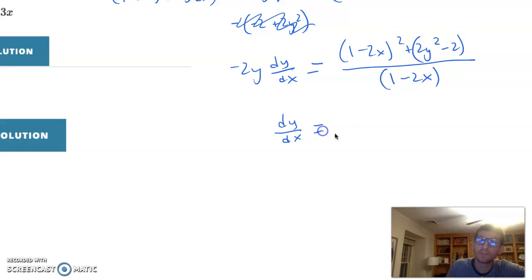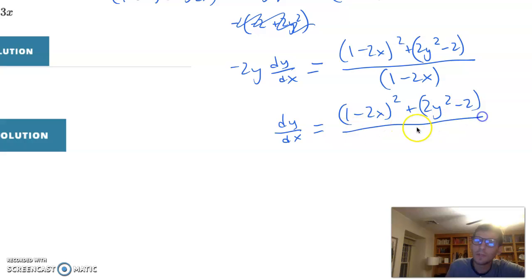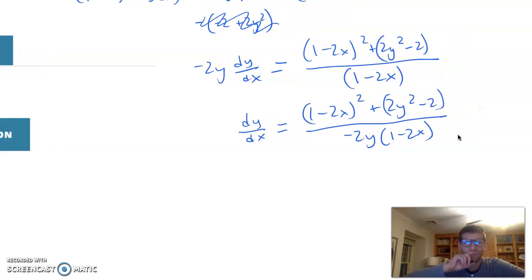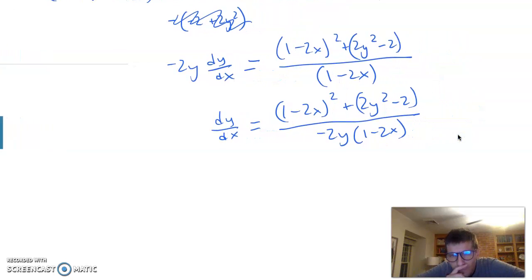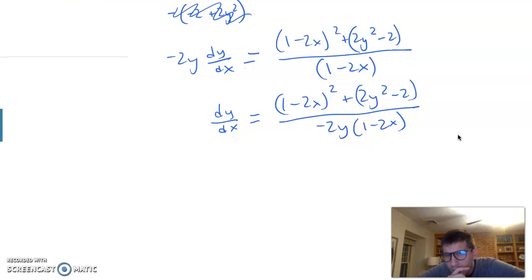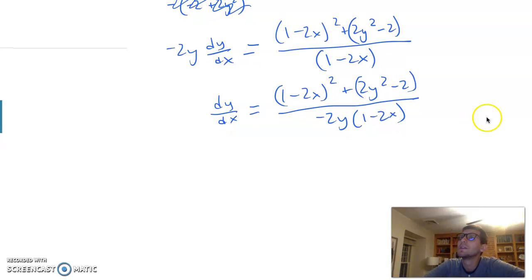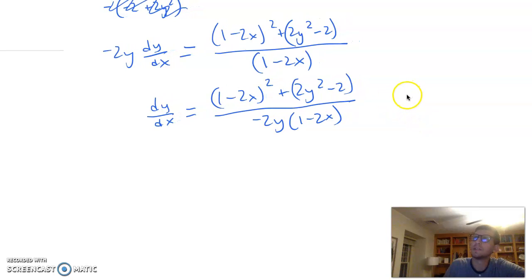This is one where I wasn't quite sure how the answer key got to where it was at, because this was the answer I had. The answer key had something along these lines.